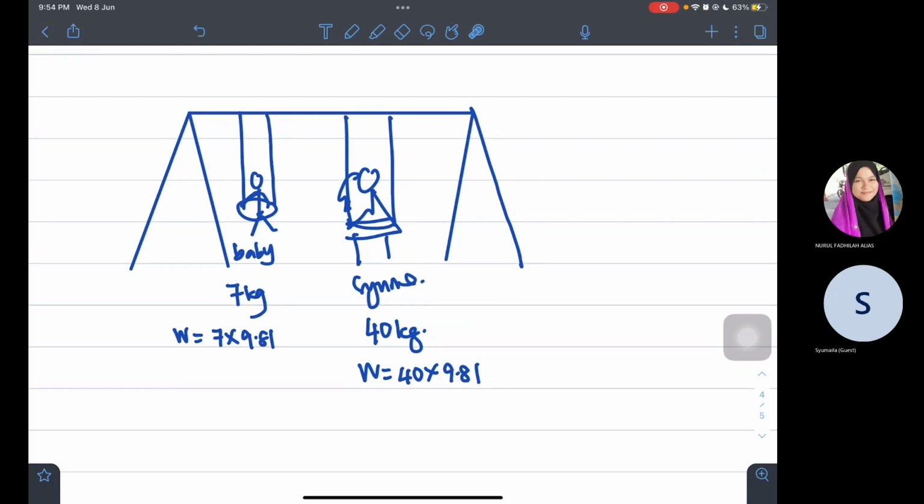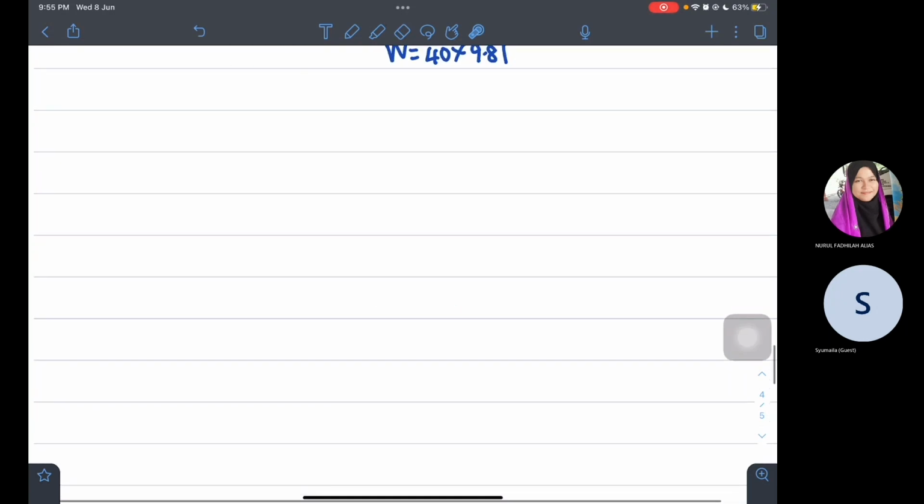The baby is now stationary, tapi ada a force trying to change the condition of the baby. Jadi the baby wants to resist the change. Jadi tapi the baby ni, because the mass is smaller, jadi dia punya resistance tu less compared to orang yang ada higher mass.